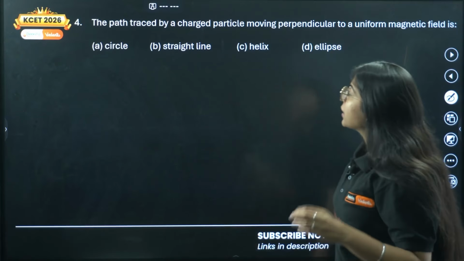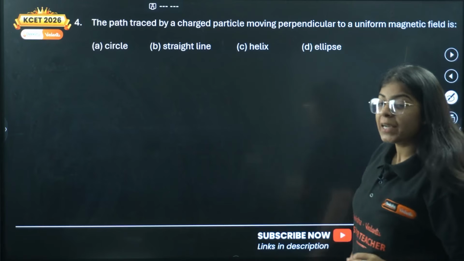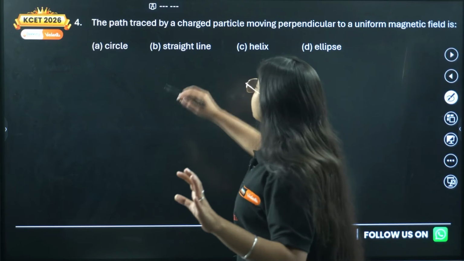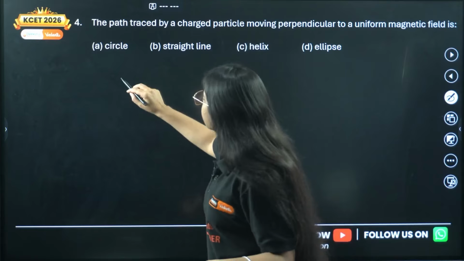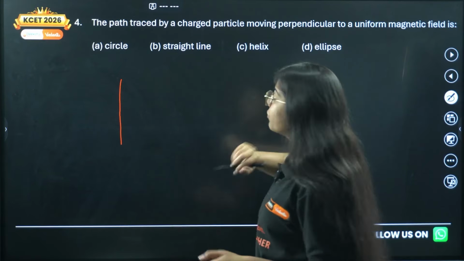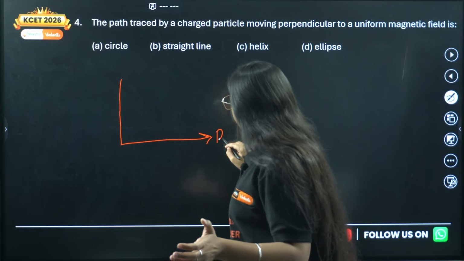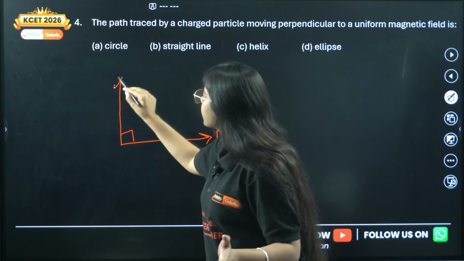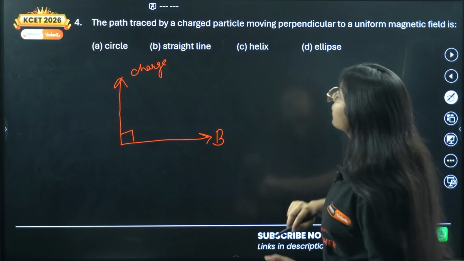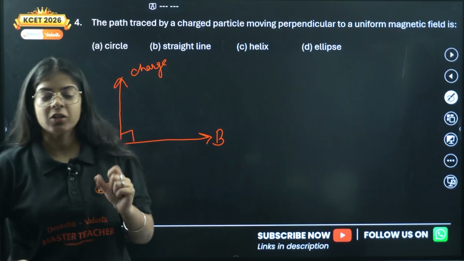Fourth question. The path traced by a charged particle moving perpendicular to a uniform magnetic field. Let's draw it. There is a charged particle. Let's say this is my charged particle moving perpendicular to a uniform magnetic field. Correct? This is my charge. So they are asking us the path which is traced by this particular charge.